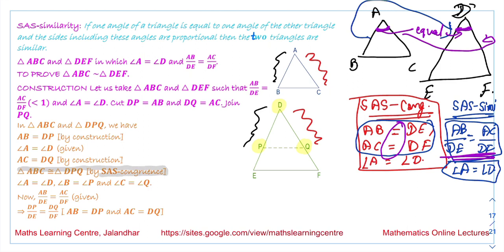This is by the SAS criteria, which we have also seen in our previous proof.